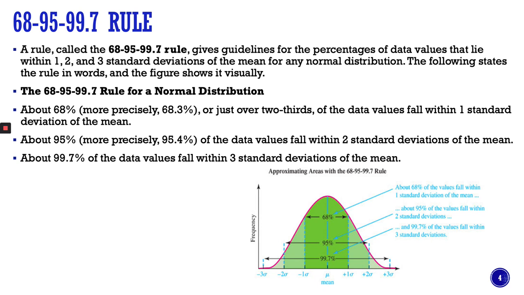About 95% of the data values fall within two standard deviations of the mean, and about 99.7% of the data values fall within 3 standard deviations of the mean. And here you can see our 1, 2, and 3 standard deviations on either side of the mean.